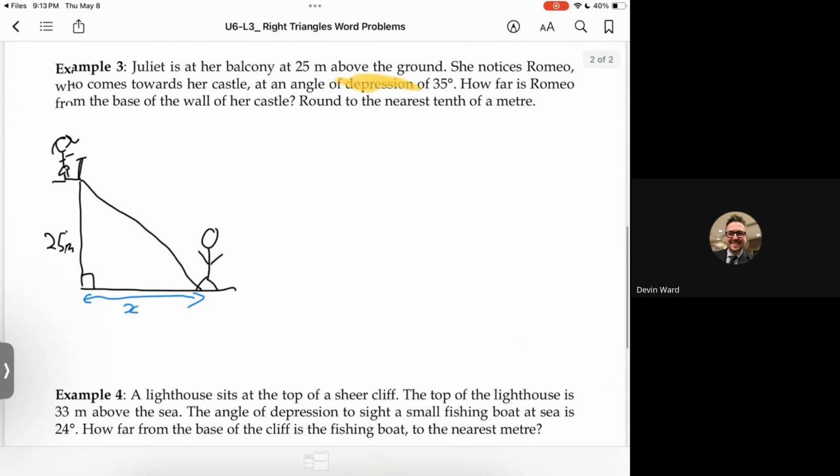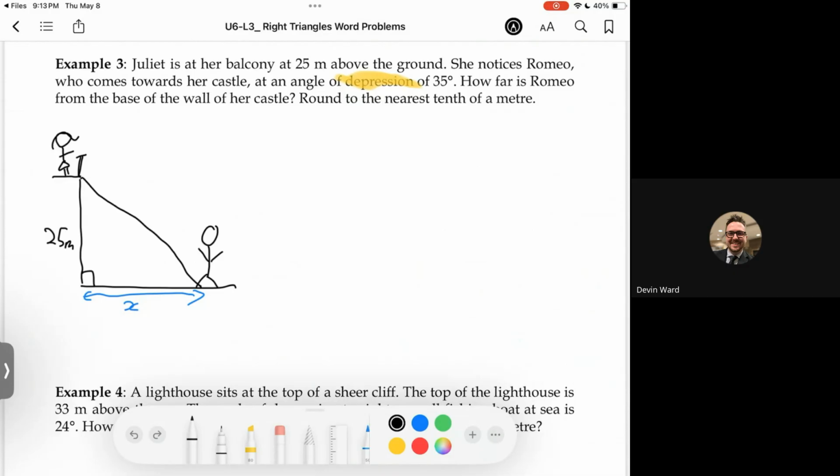But for angle of depression, what I want to do is draw a dotted line out here. So that is my horizontal. And then coming down to here, that is 35 degrees. Okay, so that is my angle of depression right there. There's 35 degrees, and I'm looking for how far Romeo is from the base of the wall.